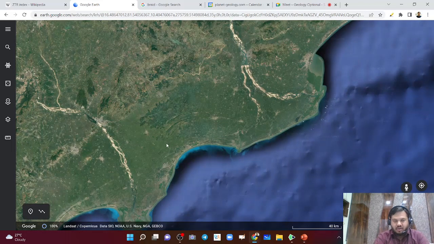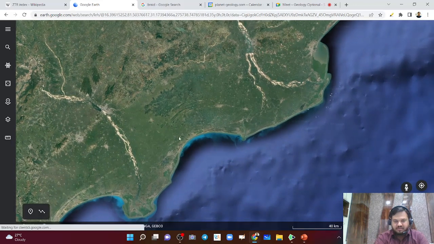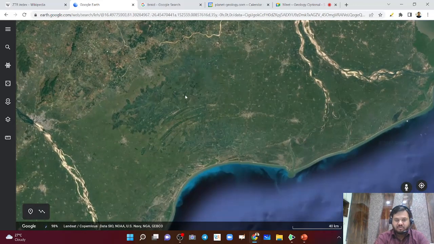You can see this curve, and parallel to this curve, you can see various curves here also. Can you see this one where I am zooming? Is it not parallel? So these are basically evidence of an earlier delta.